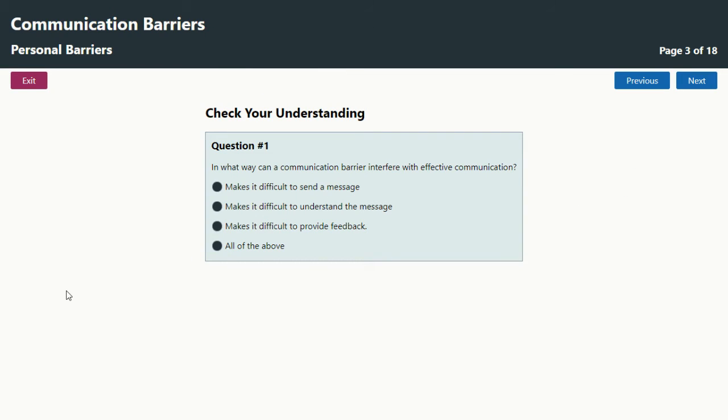In what way can a communication barrier interfere with effective communication? It will be all of the above. It'll make it difficult to send a message, make it difficult to understand the message, and make it difficult to provide feedback.